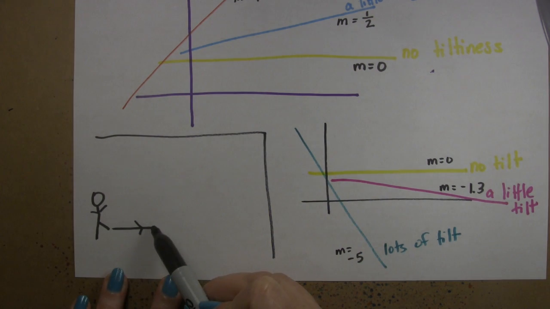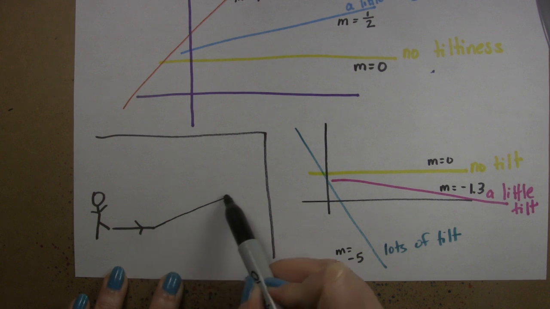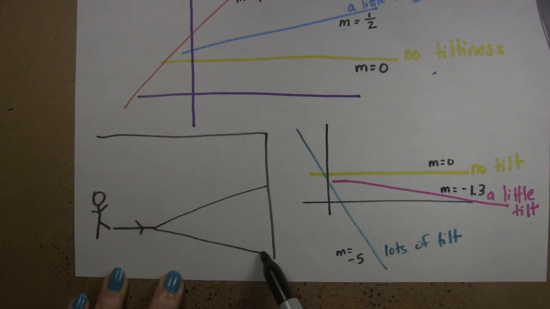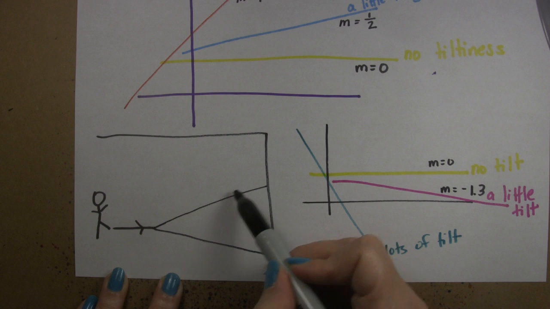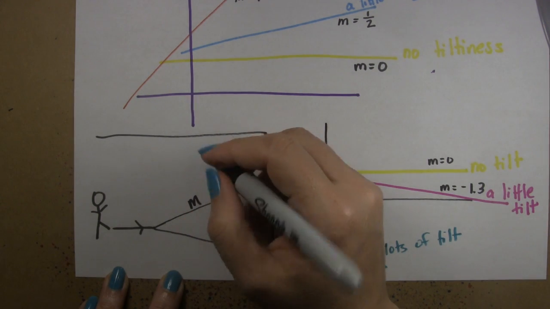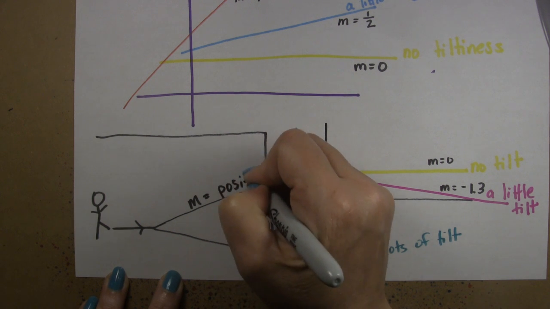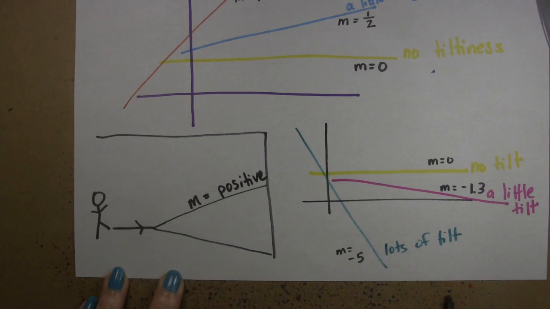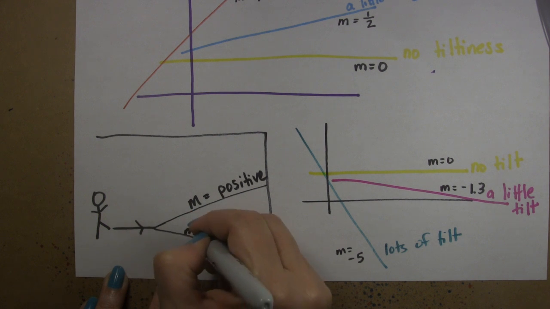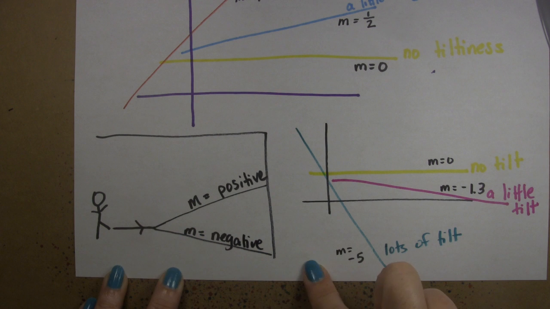So at some point, the path that you're on might start to go up or down. If it goes up, it's going to take more work for you. And so then your M is going to be positive, because you're going uphill. Here, your M is going to be negative because you're going downhill.